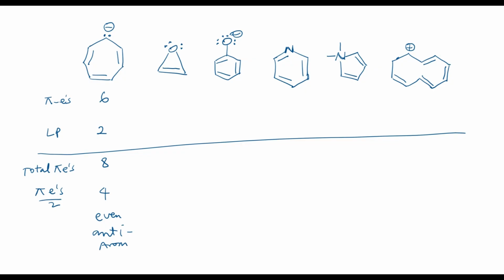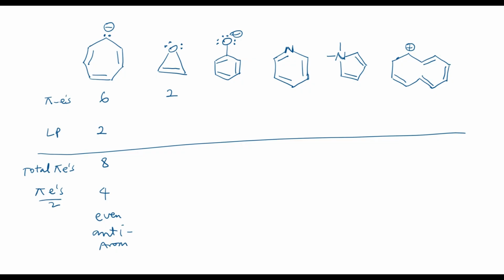For the next molecule, the total pi bonds here is 1. So that means total pi electrons from the pi bond is 2. We have 2 lone pairs on the oxygen. However, only one of the lone pairs is part of the pi system because only one can do resonance at a time.